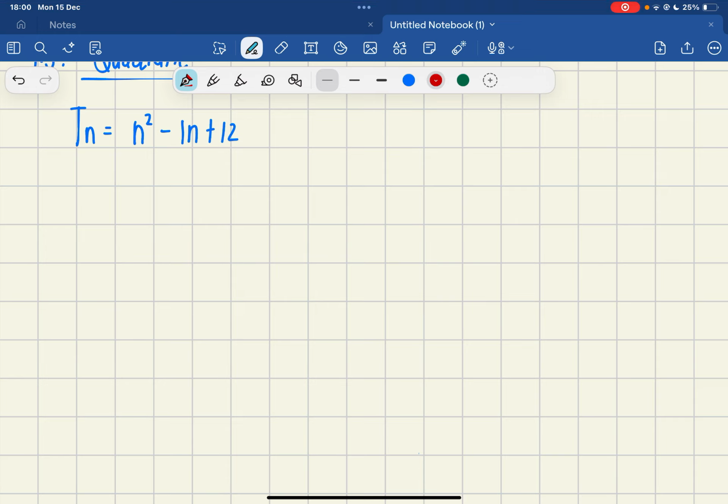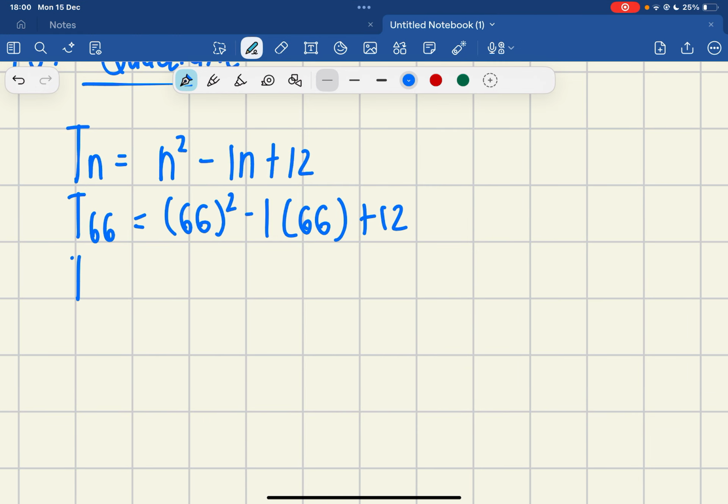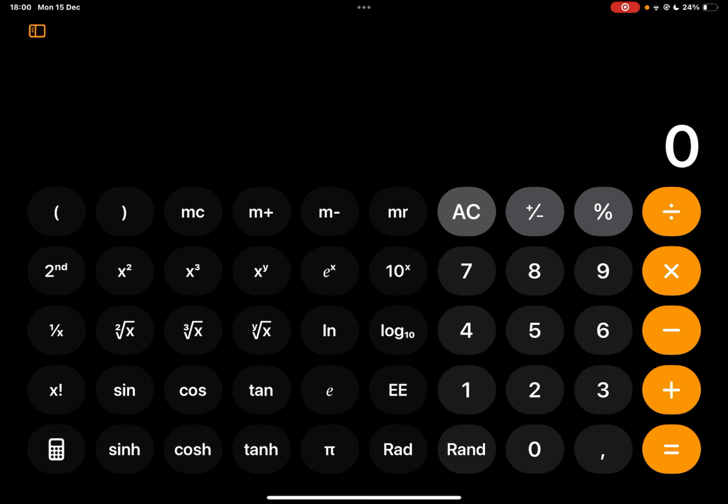Or 130 divided by 2 plus 1, because we are now starting in the first, and we said quadratic is the first. So that would be T of 66 is equal to 66 squared minus 1, 66 plus 12. Let's just get 66 squared out of the way.